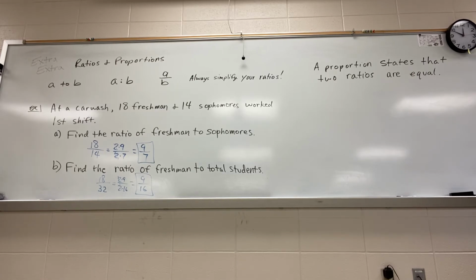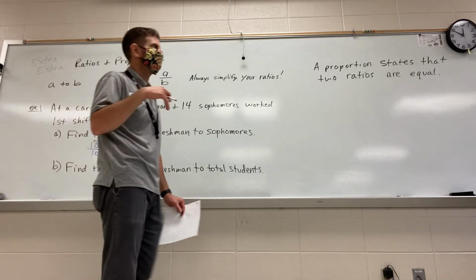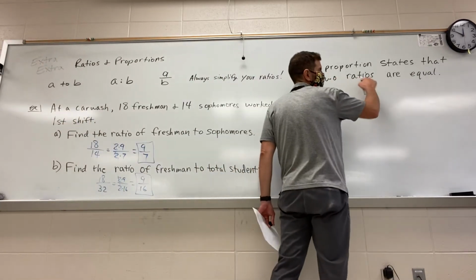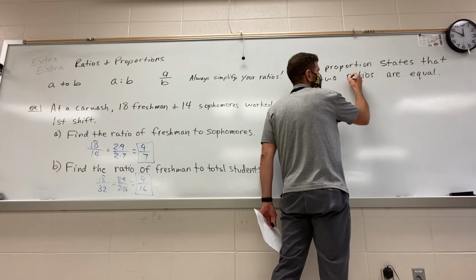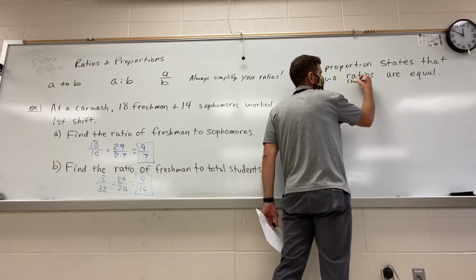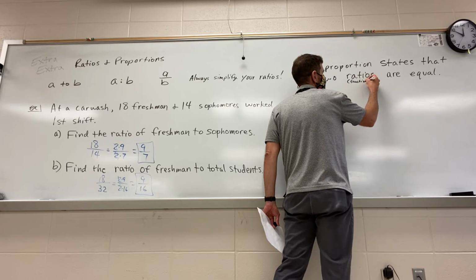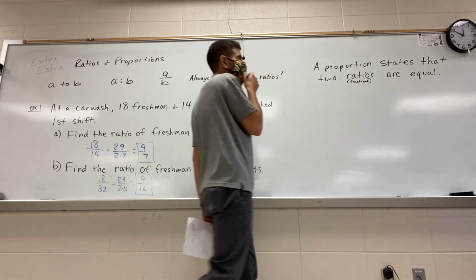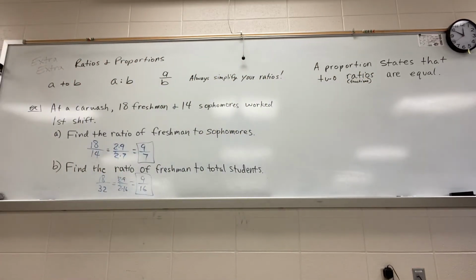What's the root word there in rational? Rational numbers are numbers that can be written as a ratio or written as a fraction. So from here on out, whenever you hear ratio or rational, I want you to think it's just fractions. Another way to think of this is a proportion states that two fractions are equal.